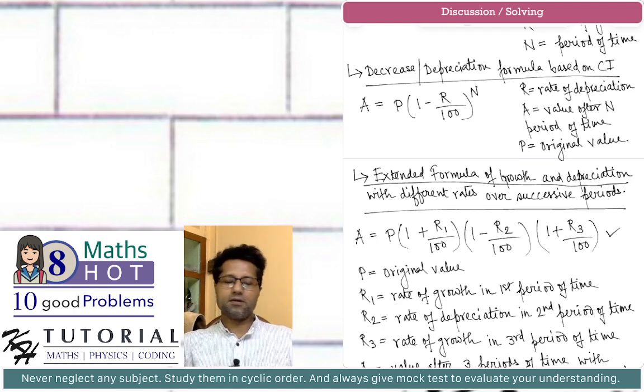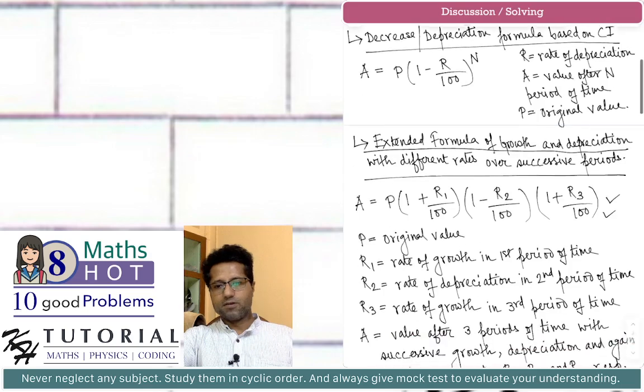In the second period, the quantity is decreasing at the rate of R2, and again in the third period, the quantity is increasing at the rate of R3. Now this increasing and decreasing could be anything. If in the second period it was increasing, then obviously it would have been 1 plus R2 by 100. I hope you got the idea, and this formula could be extended over any number of periods with given rates of either growth or depreciation.